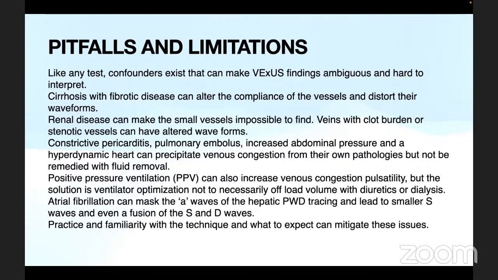And in constrictive pericarditis, pulmonary embolism, increased abdominal pressures, tricuspid regurgitation, and patients with positive pressure ventilation, in these cases also sometimes you may not be able to. Even atrial fibrillation can mask the A waves, making the interpretation of VExUS not useful in these patients, because you'll not be able to know whether there is real organ congestion or not.